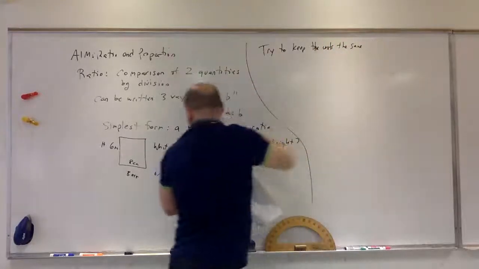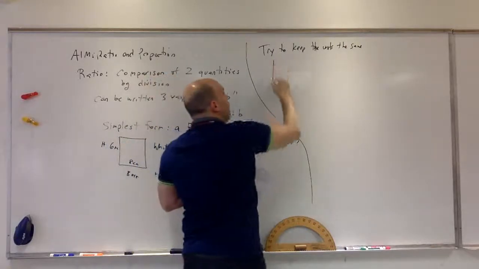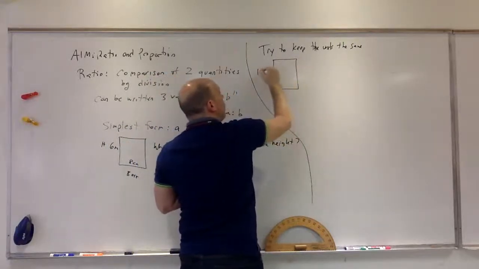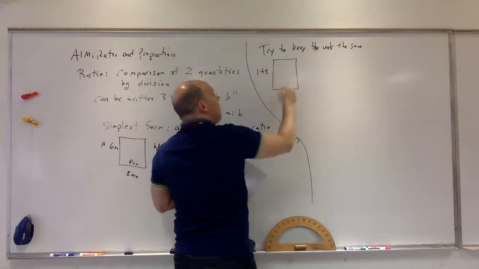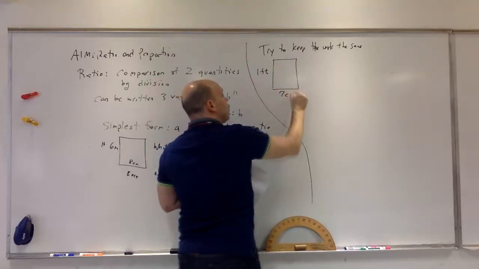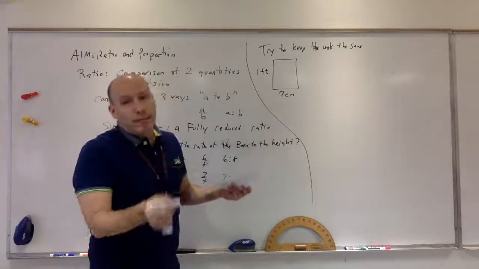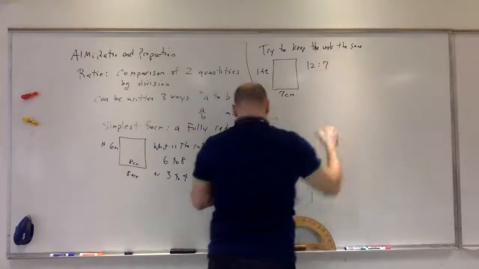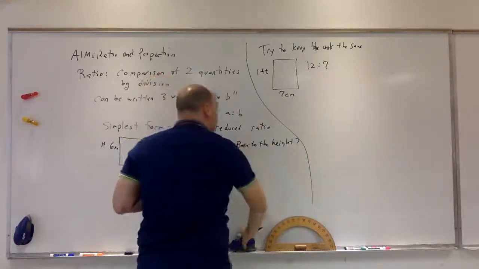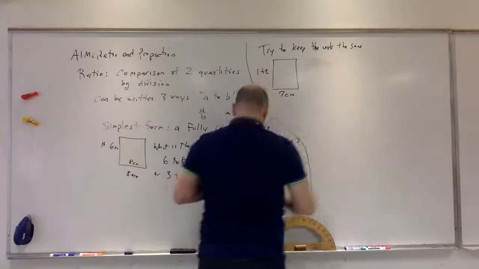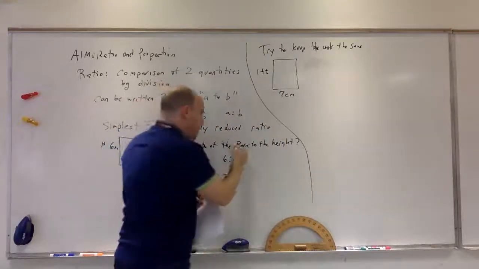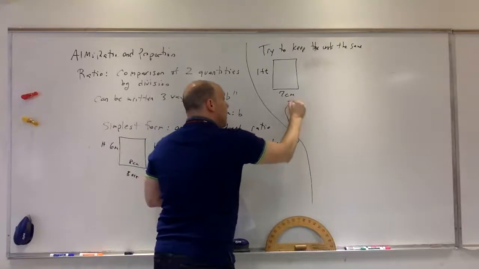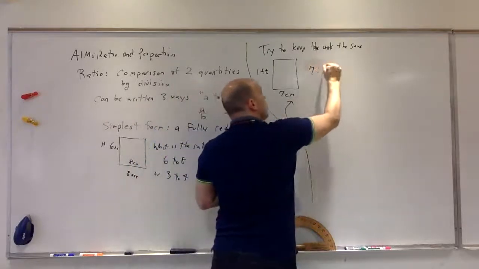So in the same rectangle, let's say that the height is 1 foot and the base is 7 centimeters. Instead of writing 1 to 7, you would write 12 to 7. Sorry, I said base to height, so if we're going to keep that, it's 7 to 12.